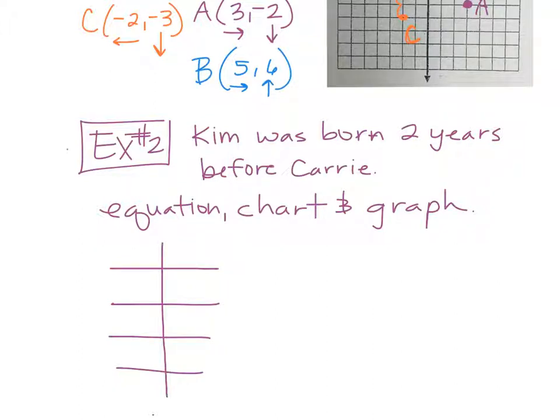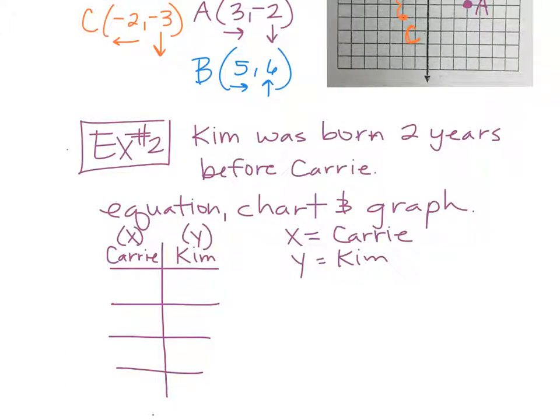You could do it a different way and you could get there. But we're going to say that X is going to be Carrie and Y is going to be Kim. Okay, so in our T-chart, here is Carrie. She's our X. And here is Kim. She's our Y. Okay, so let's think about this.